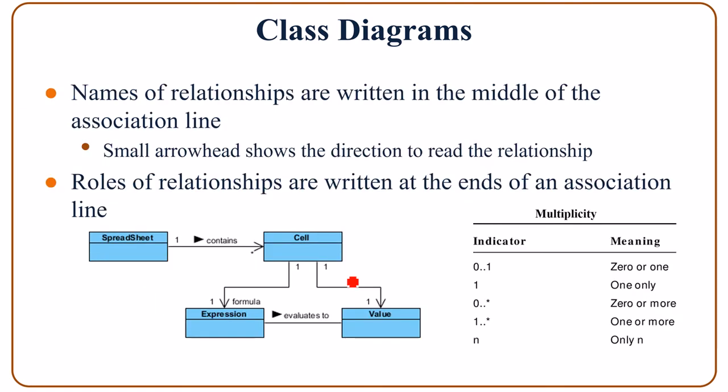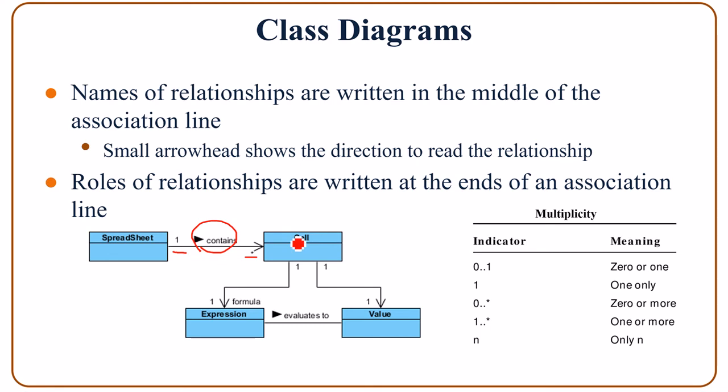The names of the relationships are written in the middle of the association line. For example, a spreadsheet contains cells, and when we read this as a whole with multiplicity, we can see a spreadsheet contains multiple cells.